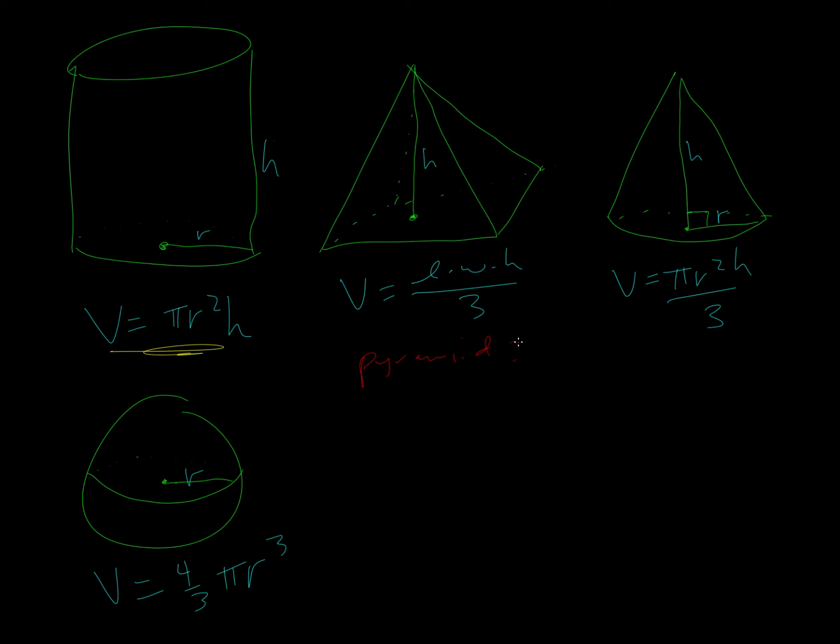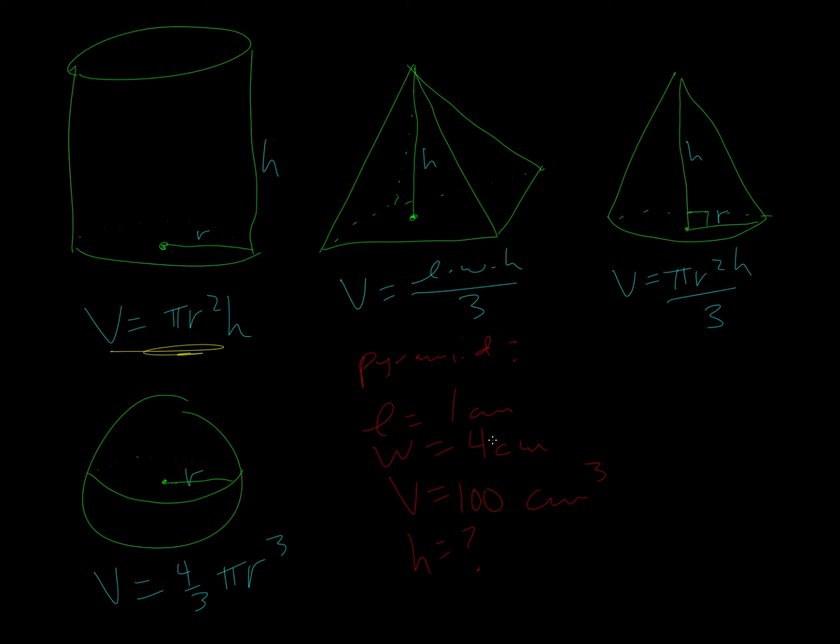This time we're given the length, so L is equal to 1. The width is equal to 4. And the volume is equal to 100. So this is centimeters, centimeters, centimeters cubed, and we want to find the height.